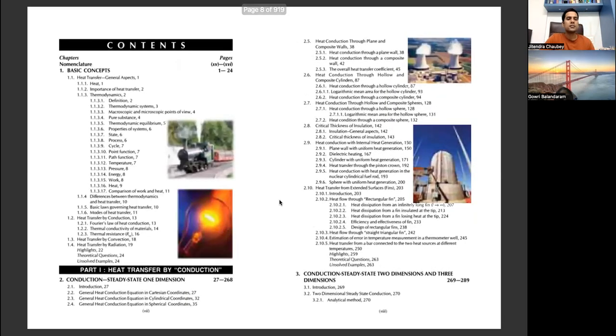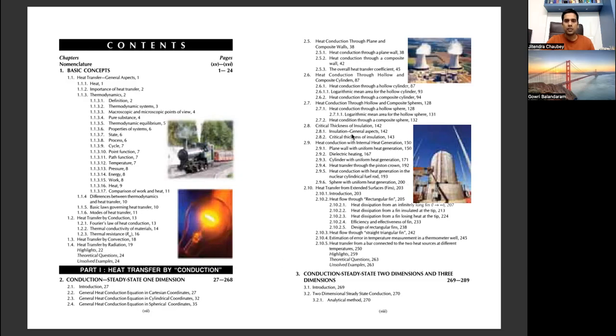The content goes like, they talk about the basic concepts with many numericals. We talk about thermodynamics first of all. You just have to go through the content in your syllabus. So this is something which we studied today, heat transfer by conduction.